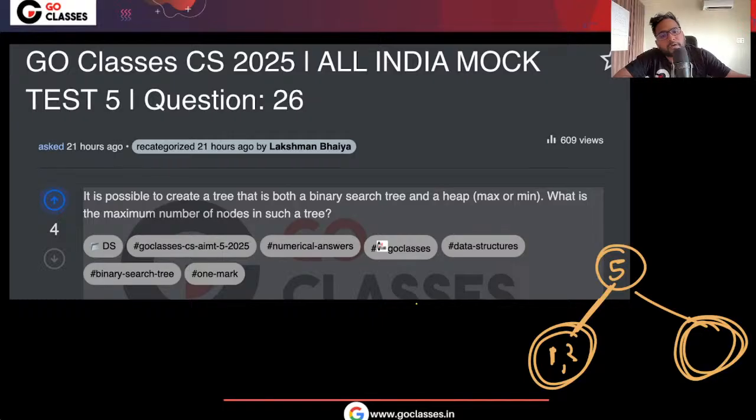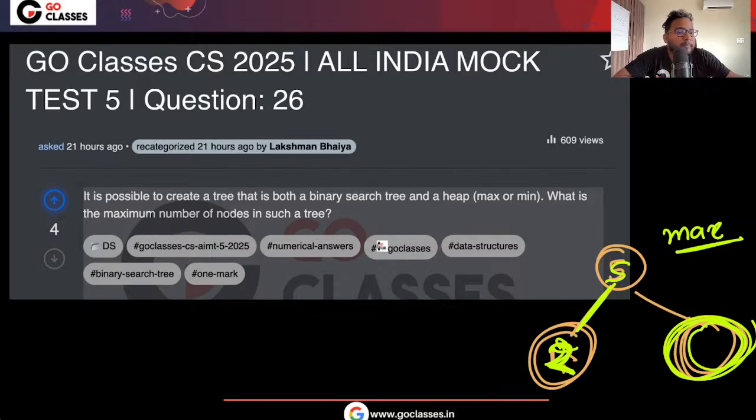Now if you are taking min heap, then obviously lesser than 5 won't work. So let's suppose you are talking about the max heap only. Then you can put 5 here, and 2 here, for example. Since all the levels of the heap are full, you cannot go to the further level until you fill this.